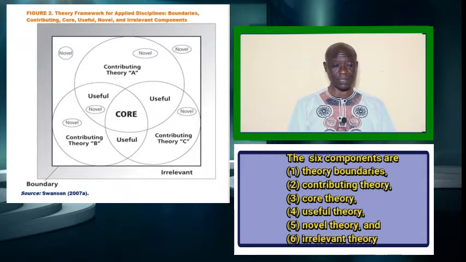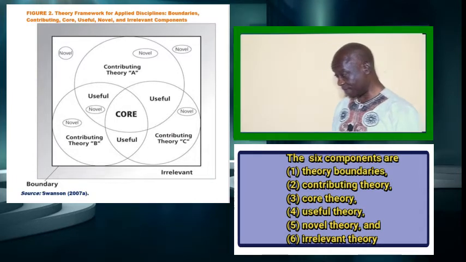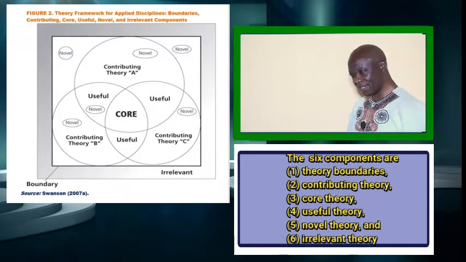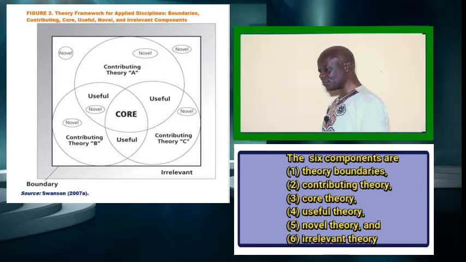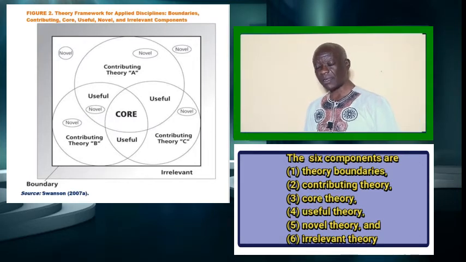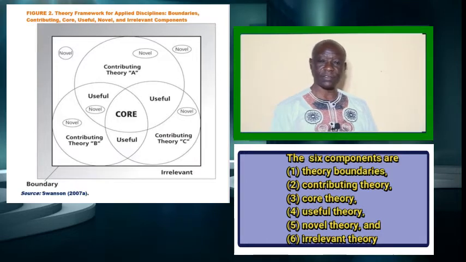So we talk about a useful theory by looking at a theorem outside the core theory of an applied discipline, within the intersection of 2 contributing theories, that has utility in explaining an important realm of practice within the discipline. And that's why we have that as a useful theory.